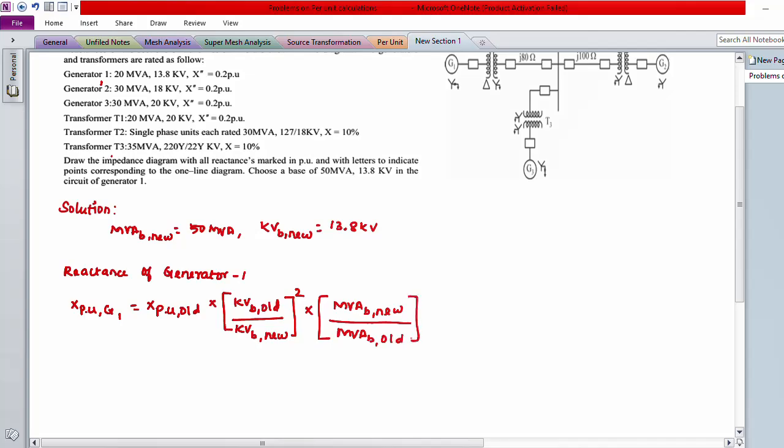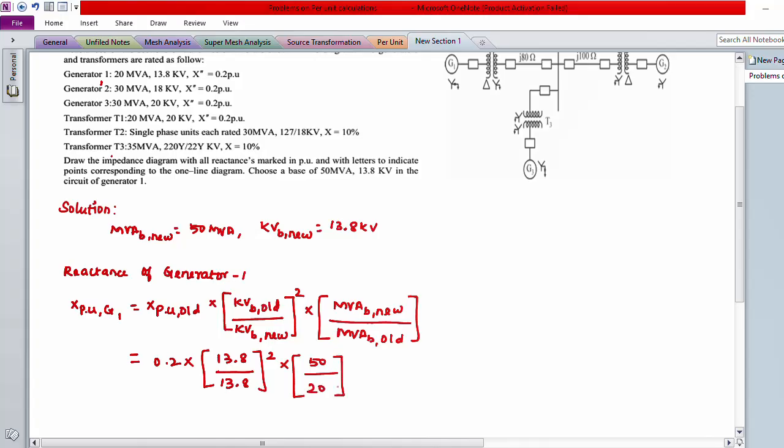Now, for each and every component, they have given the power rating, voltage rating and the reactance rating. So that value we have to take as the old value. So for generator 1, the per unit old value of the reactance is 0.2 and the kVB old is 13.8 and the kVB new we have to consider as the new base value, that is 13.8, the whole square, into MVAB new is 50, MVAB old is 20.